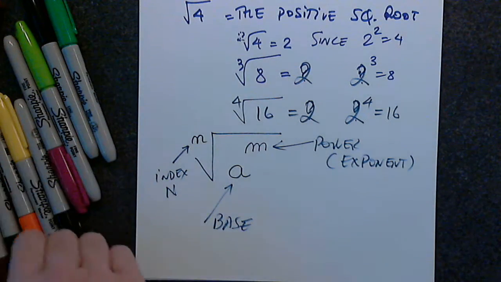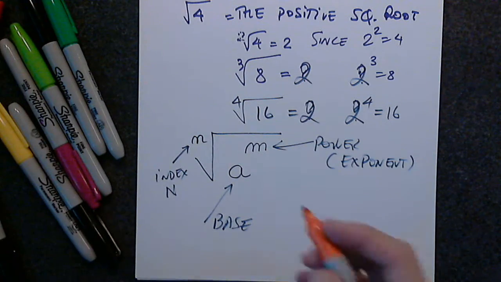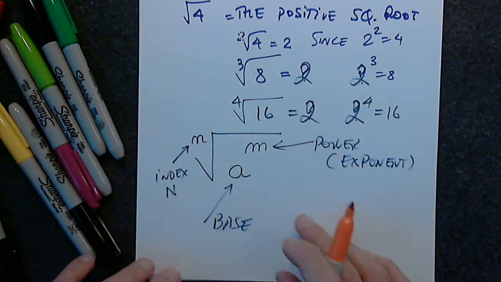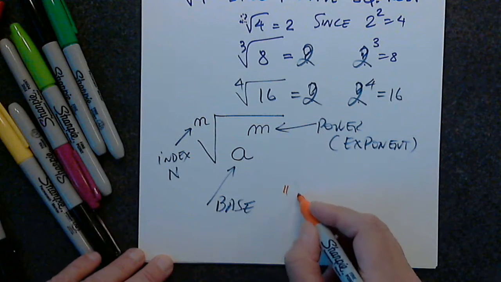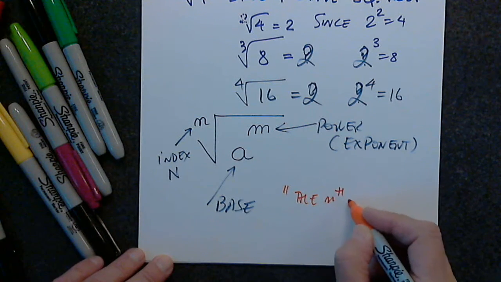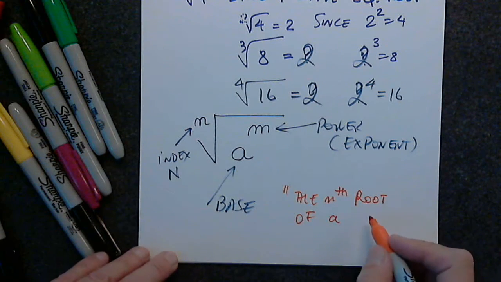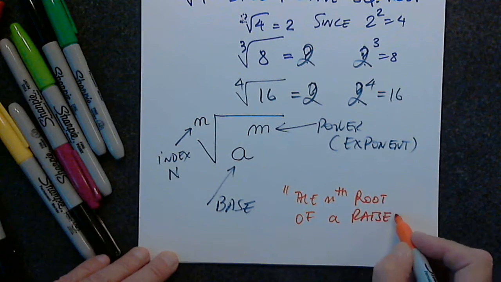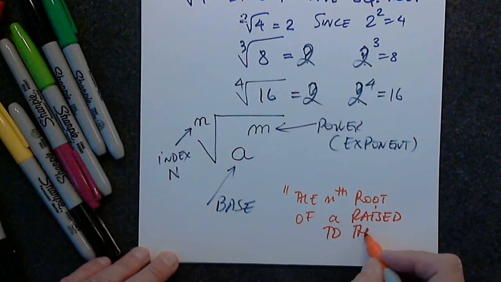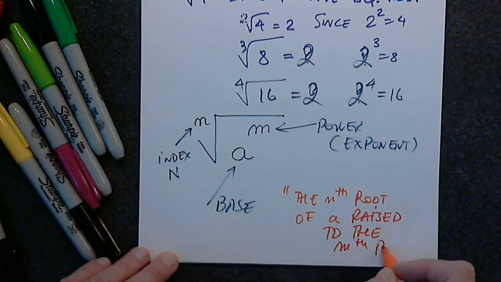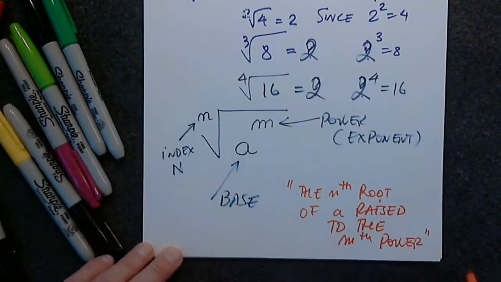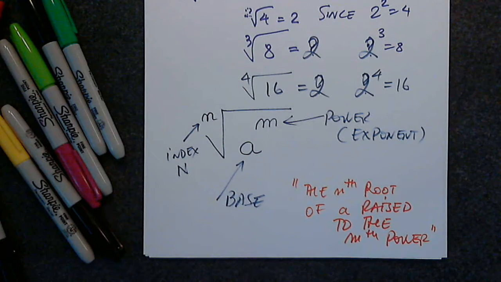How do I read this? Let me put this in writing for you. How do I read this expression, this format? The nth root of a raised to the mth power. A lot of words. The nth root of a to the mth power.